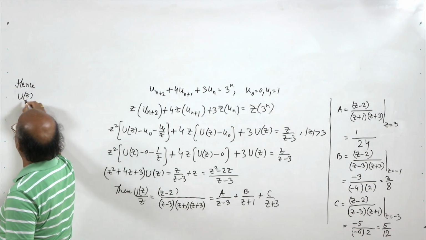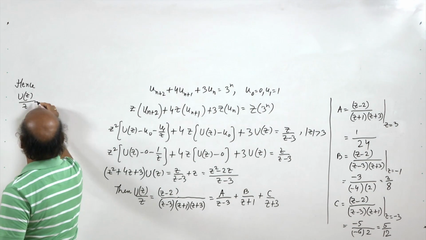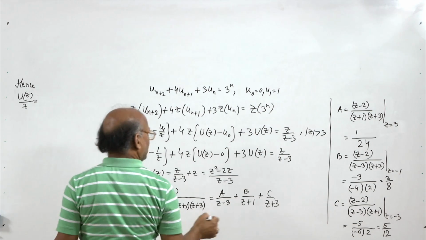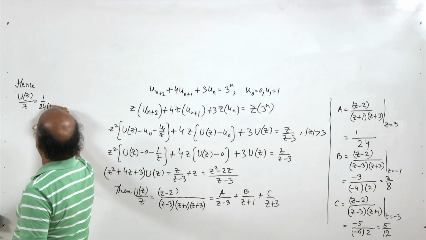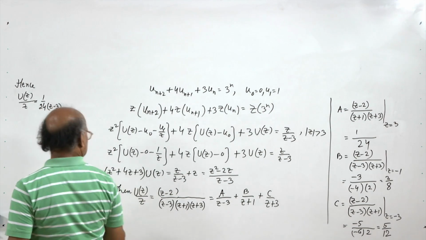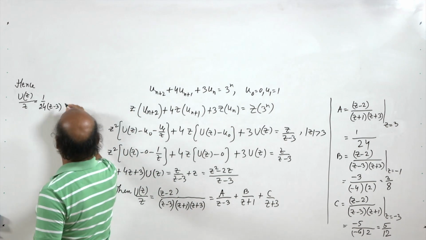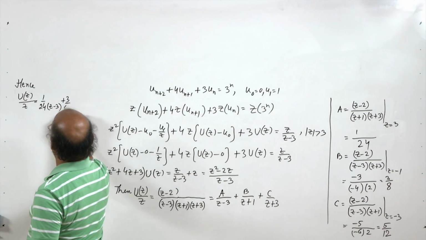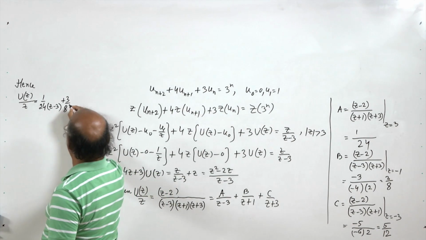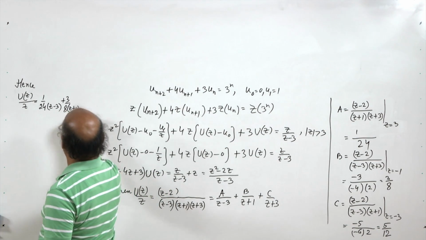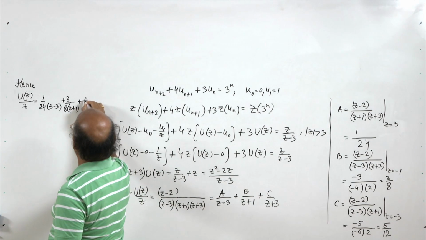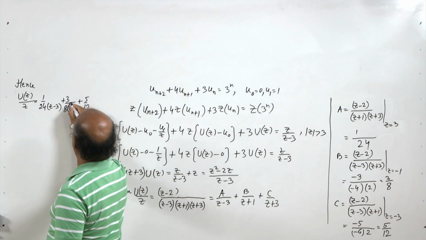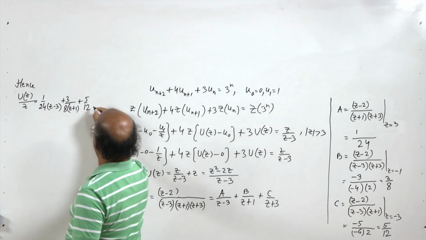And hence U(z) by z is equal to 1 by 24 over z minus 3, B is 3 by 8, 3 by 8 over z plus 1, and then we have 5 by 12 over z plus 3.